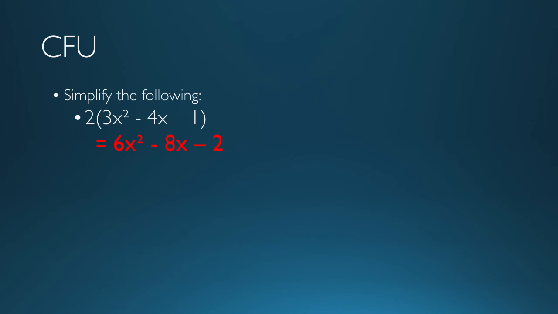Okay, let's try one last one. 4x multiplied by 3x squared minus 4x minus 1. I'm going to give you 30 seconds once again to solve this one.